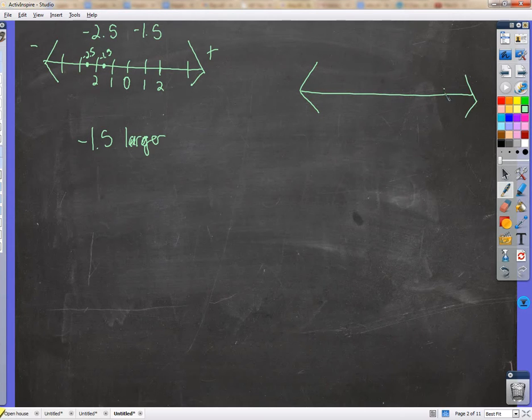You could put 0 there, and there are 2 tick marks, that's 1 and that's 2, so I get to use the tick marks for 1.5 and 2.5. You could label these 1.5, negative 1.5, and negative 2.5. It's just a matter of choice of scale.